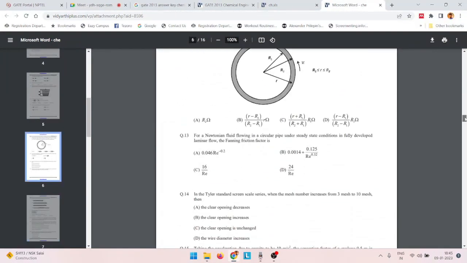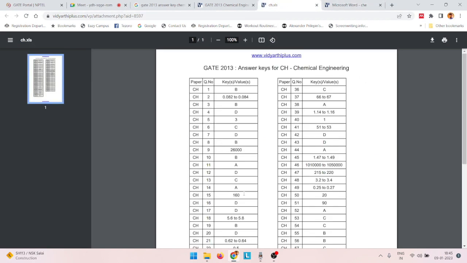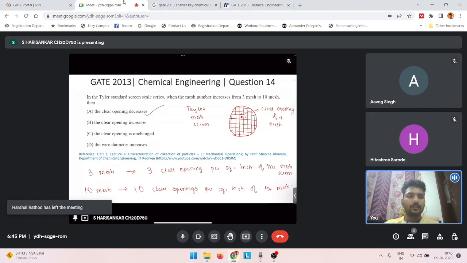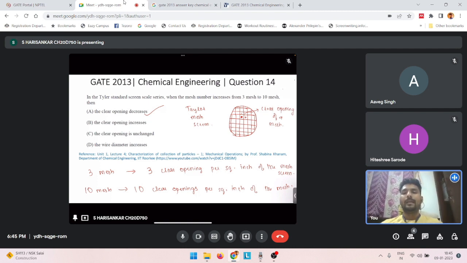Okay, so the clear opening decreases. Yeah, I think this is right. What they have tried to say is that the clear opening is basically the area of the opening. The answer key also says the option is A. But if they had mentioned the number of clear openings increases or decreases, it would definitely be option B, because as the mesh size increases, the number of clear openings increases.